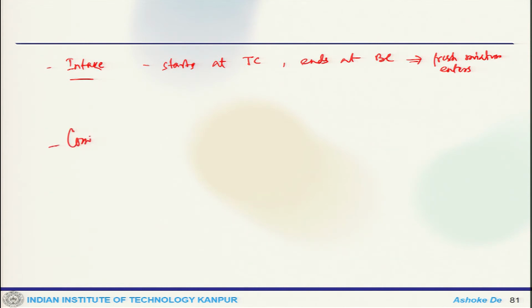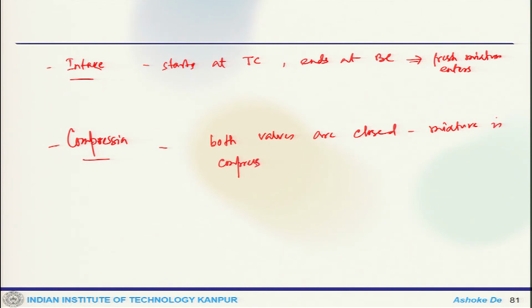Now, similarly, we can see what happens in the compression stroke. Both valves are closed at this stage, and the mixture within the cylinder is now compressed through the piston movement.